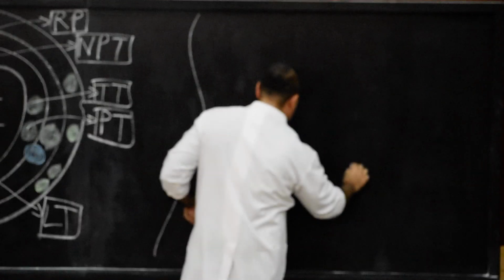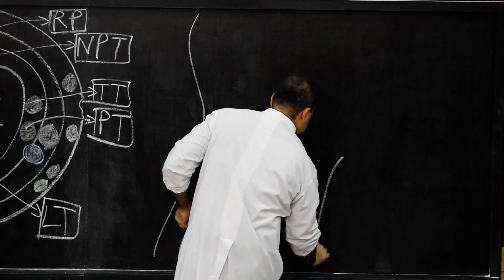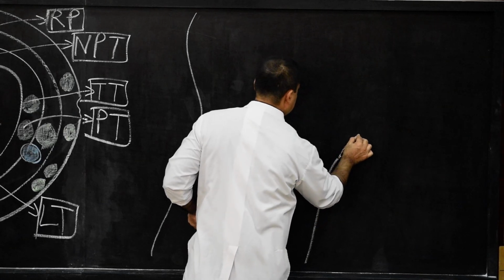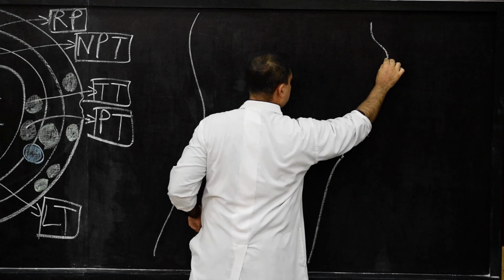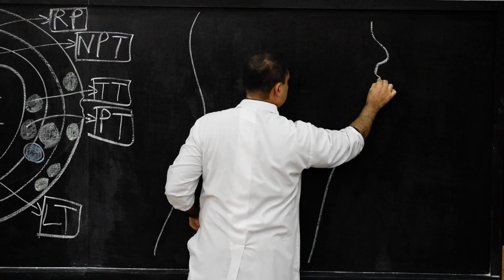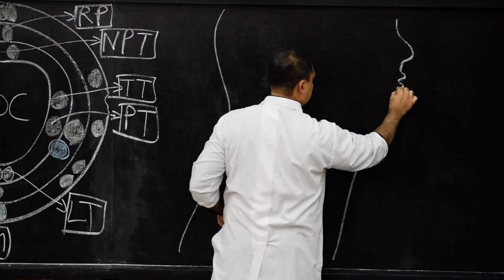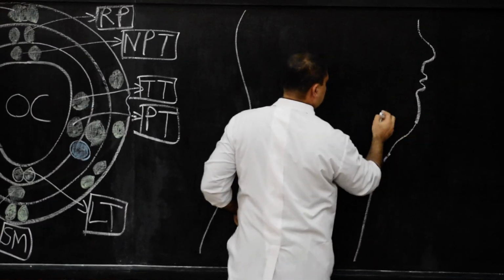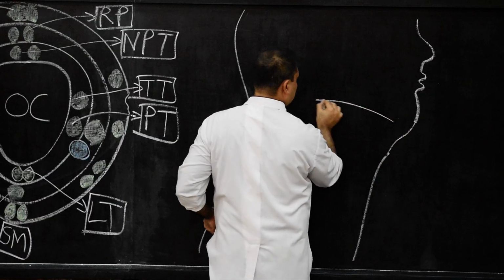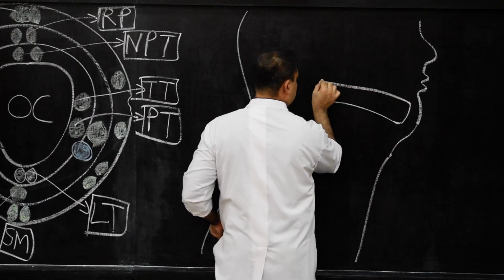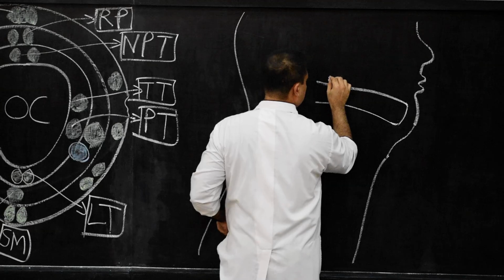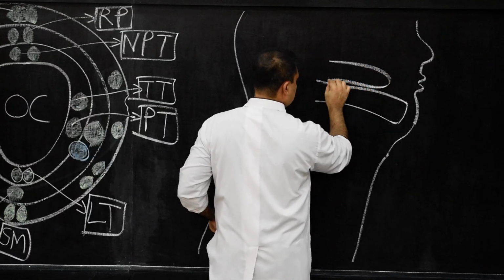sagittal section of the head and neck. So this is where we draw the sagittal section of head and neck, the lips and the chin. This will be the mandible and we show here the tongue.